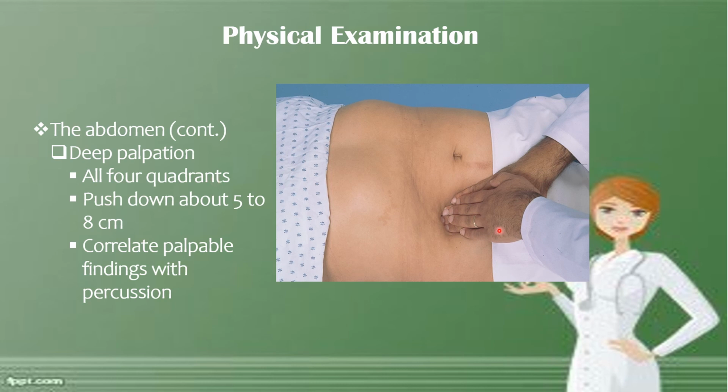Again, using the palmar surface of your fingers, you can press down about 5 to 8 cm, or 2 to 3 inches, in all 4 quadrants. Then you have to identify any masses and note their location, size, shape, consistency, tenderness, pulsations, and any mobility with respiration or with the examining hands.